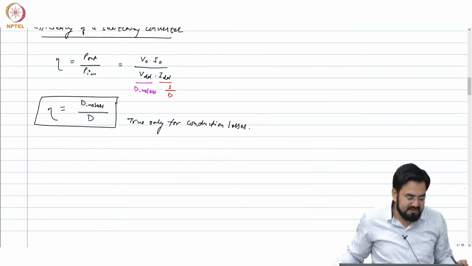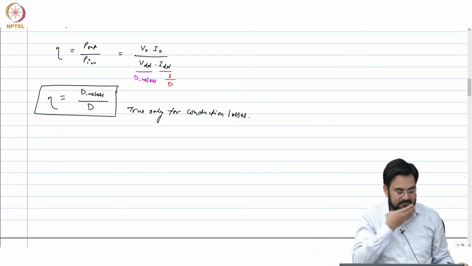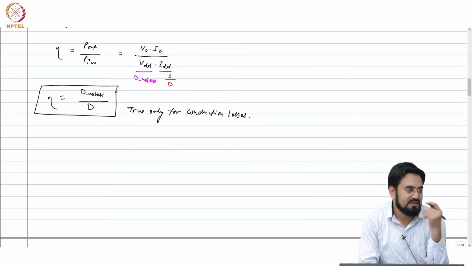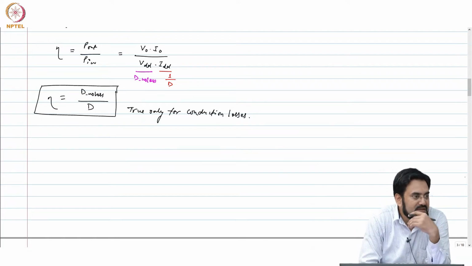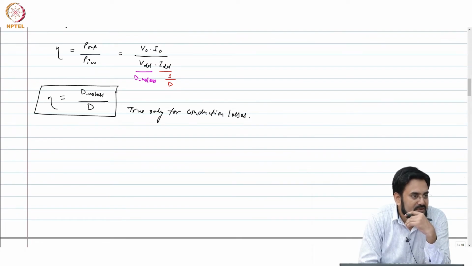So, how can I find the lossless D? What is the loss actually here? I squared R. So, if you make I 0, the loss will be 0. So, under no load condition, you get the no loss duty cycle, and when you apply the load, you get the lossy duty cycle.